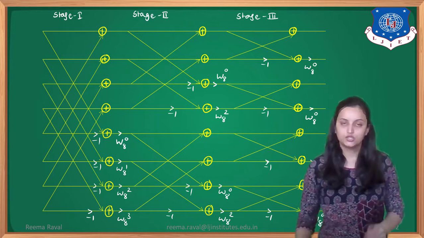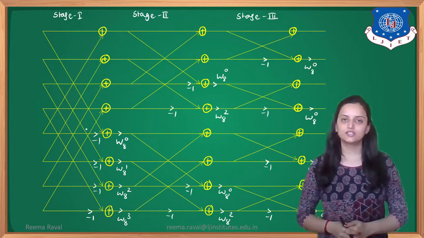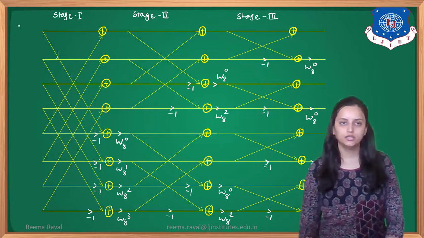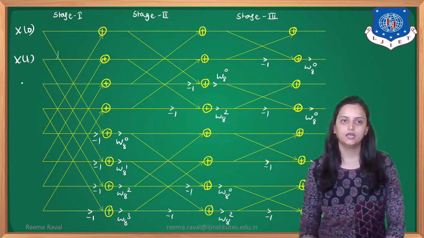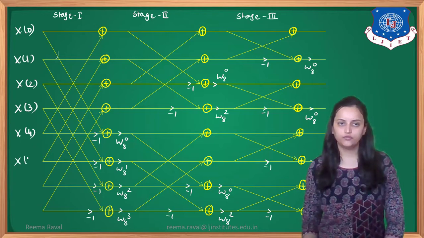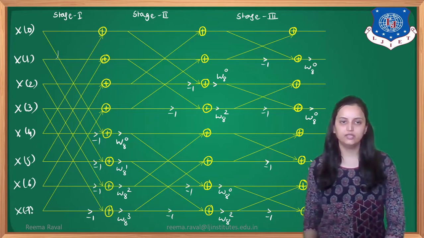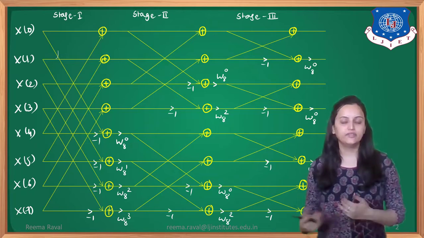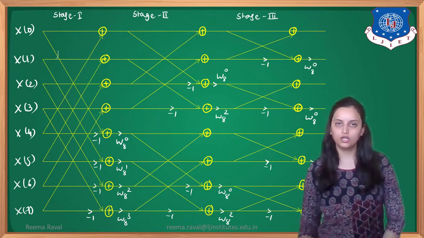Let us write down the input and output notations over here. So here input is x of 0, x of 1, x of 2, x of 3, x of 4, x of 5, x of 6 and x of 7 that are in order. But at the output side, we are going to have the even and odd logic.